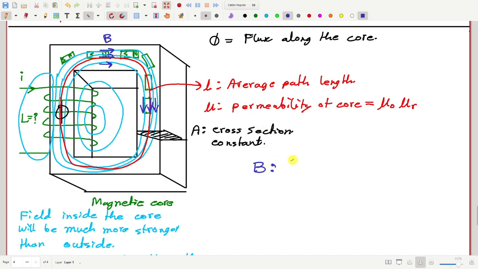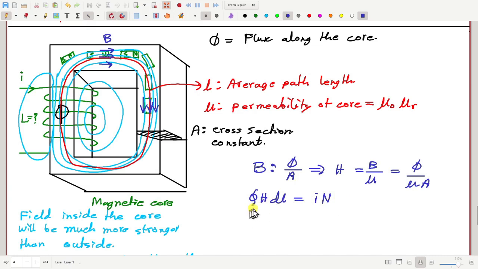So B is phi by A, and H, the magnetic field intensity, is equal to B by mu, which is phi by mu A. And then we know the integral of H dl is equal to the current enclosed by the path, which will be I times n, where n is the number of turns.